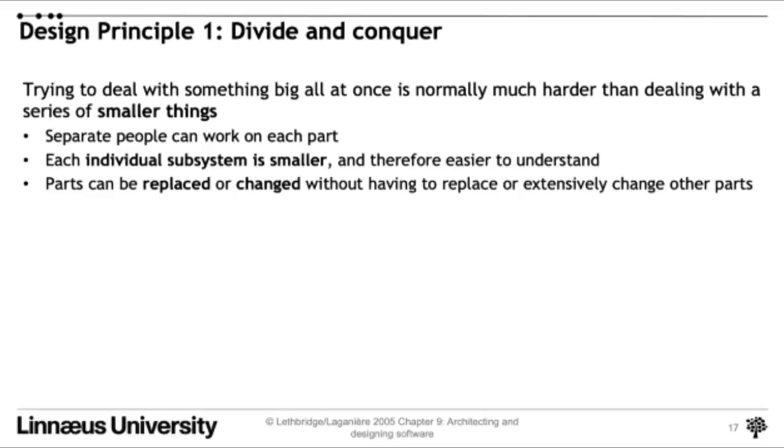And this also has many other benefits. For example, we can separate people. We can create small teams, and each team can face a specific sub-problem. Each individual subsystem is much smaller than having a huge system. So we mentioned the monolithic option.